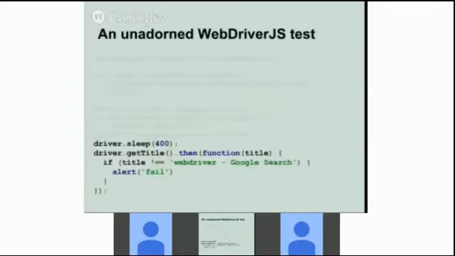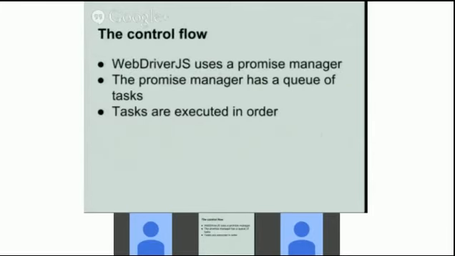So whenever you have all of these instructions for WebDriver, WebDriver has something called the control flow. It uses a promise manager, and the promise manager has a queue of all of the instructions that it has to perform.